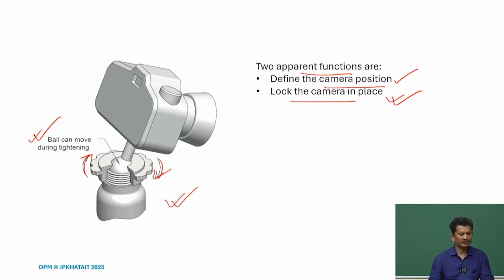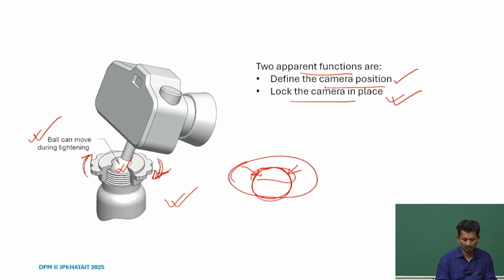What happens when we start locking? Locking is done by turning this nut, and as we turn it, it goes down and starts making contact with this spherical ball. There will be contact made by this outer collar.